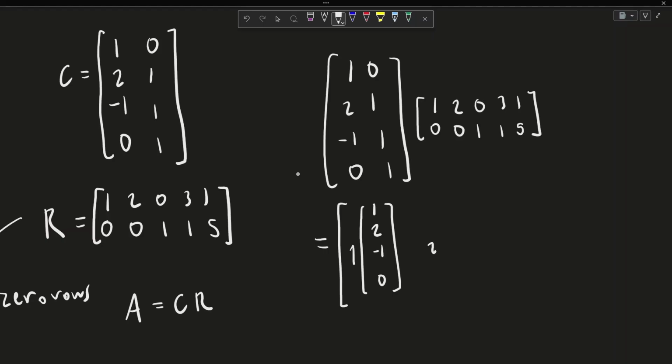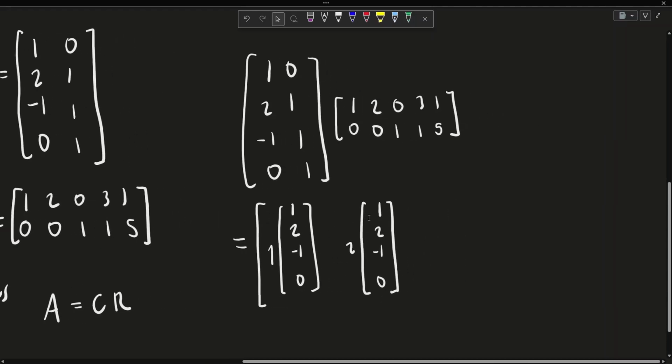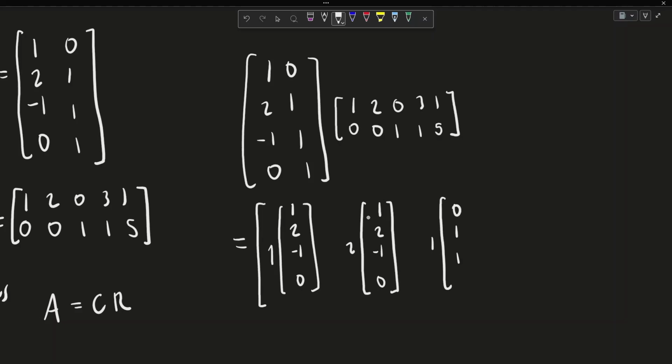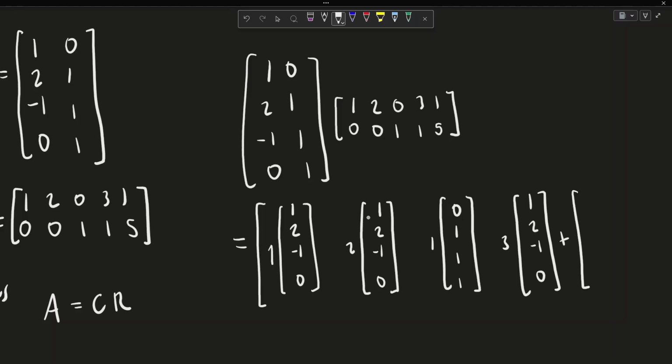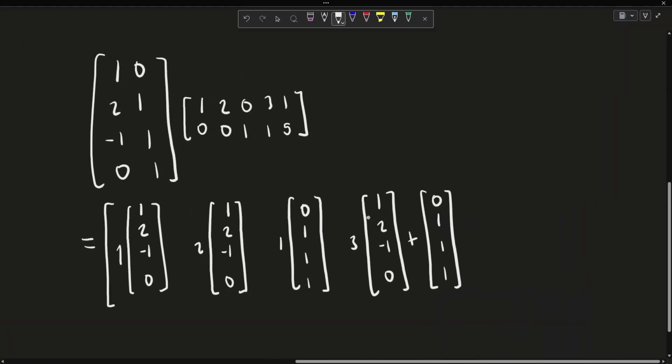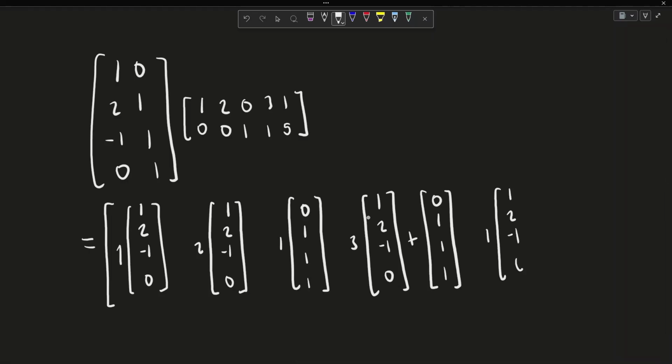The second entry is 2 times the first column, and again, 0 times the second column. The third entry is 0 times the first column and 1 times the second column. The fourth entry is 3 times the first column plus 1 times the second column. And the final column is 1 times the first column plus 5 times the second column.